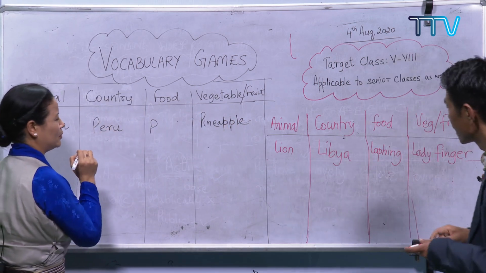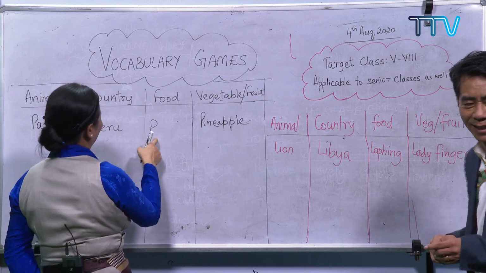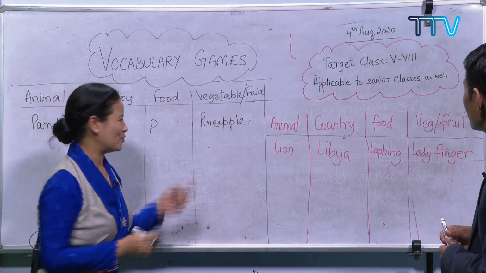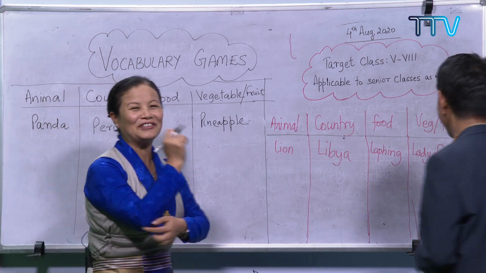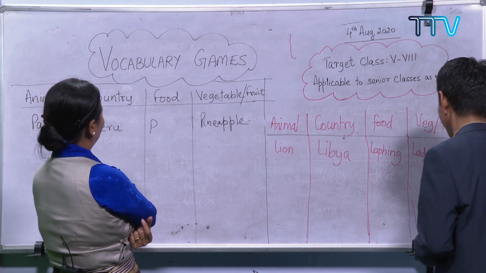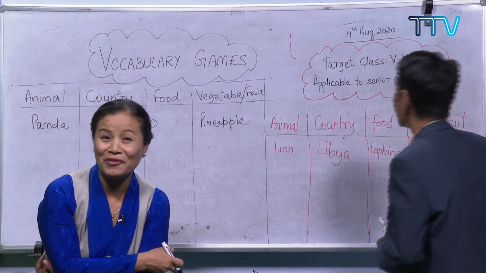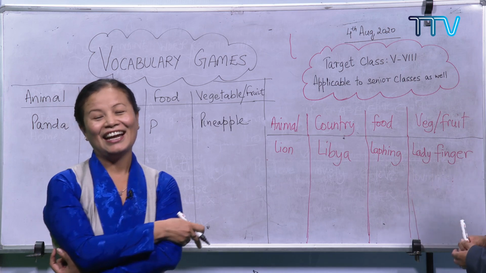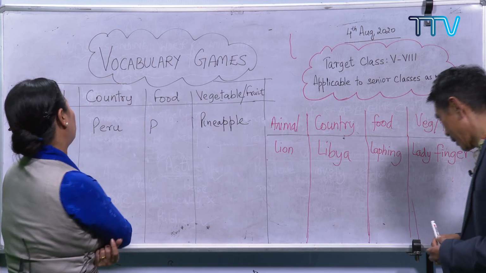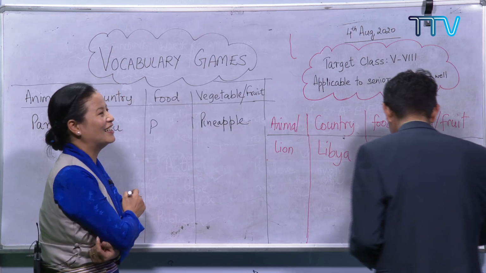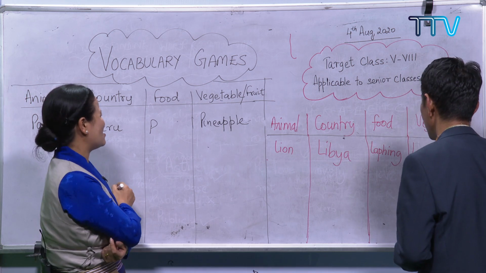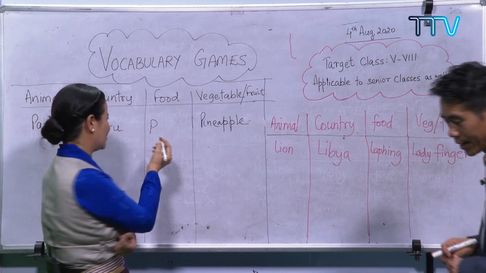For food, pizza is junk food, right? I don't want to write pizza. Any name of food? Potato chips, no. Rice, pasta. Okay.